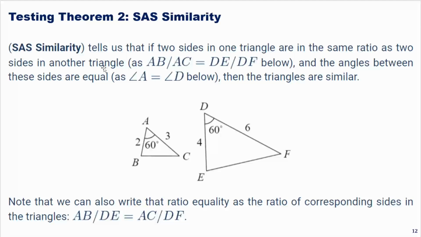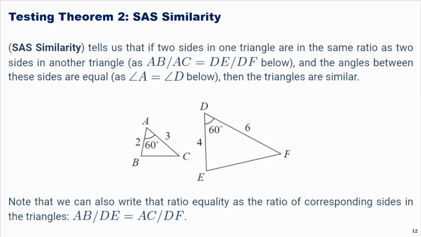And the second theorem we can use to determine if two triangles are similar is called SAS similarity, which tells us that if two sides in one triangle are in the same ratio as two sides in another triangle, for example, in this diagram, AB over AC equals DE over DF, and the angles between these sides are equal, as shown here, angle A equals angle D, then the triangles are similar.